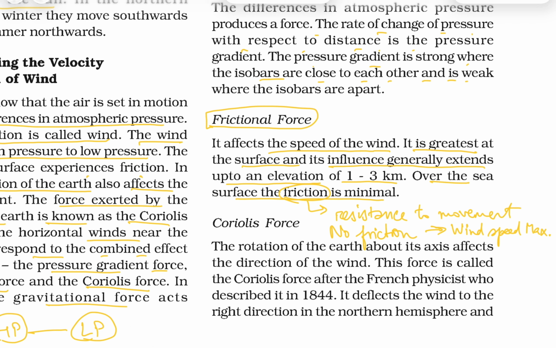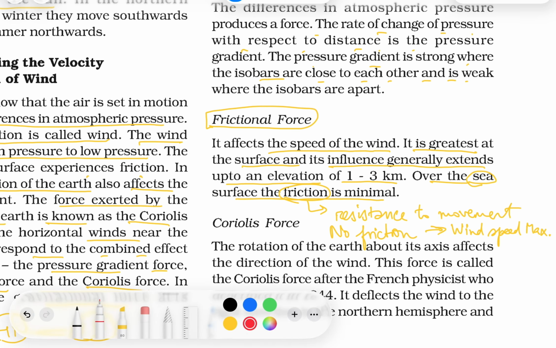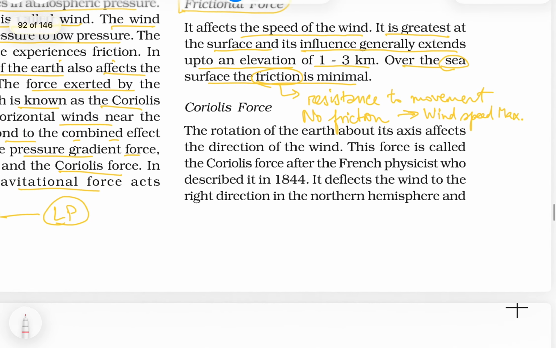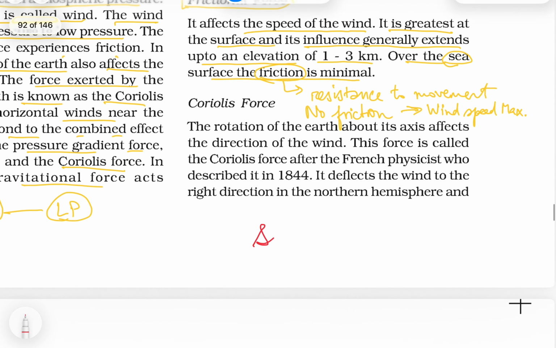If we take the example, in case of the sea or the ocean's surface, wind speed will be maximum, because there is no friction of the surface, having plane surfaces, nothing to stop the incoming winds.